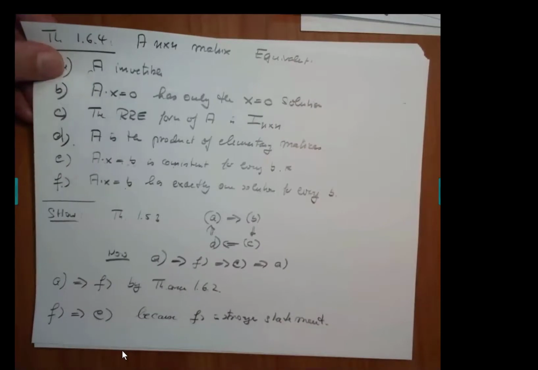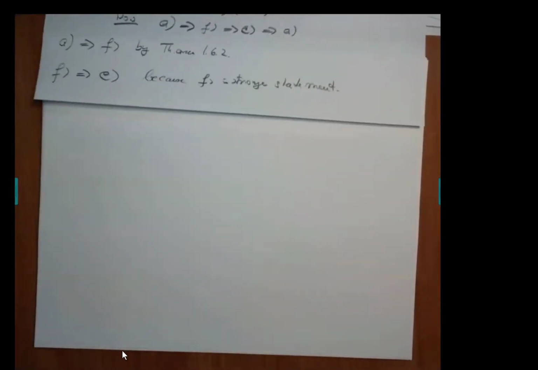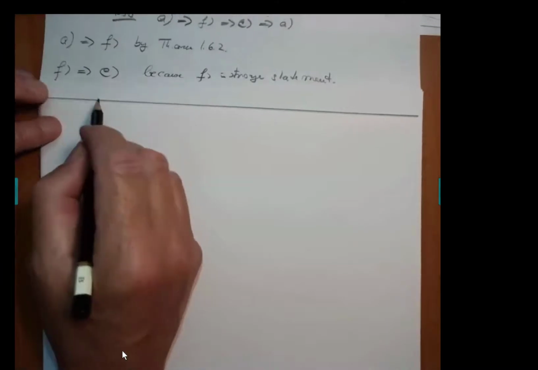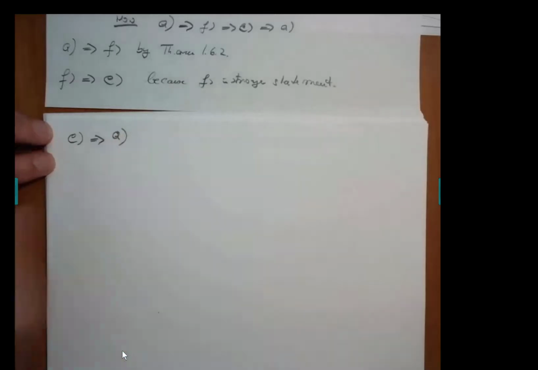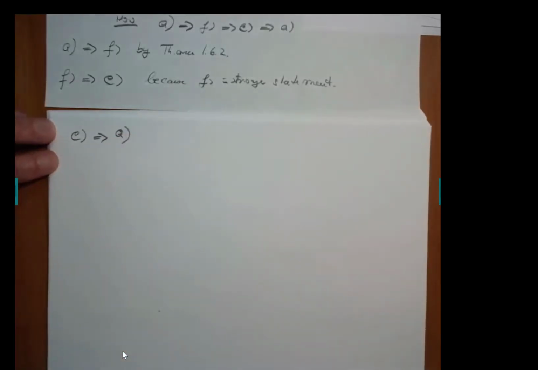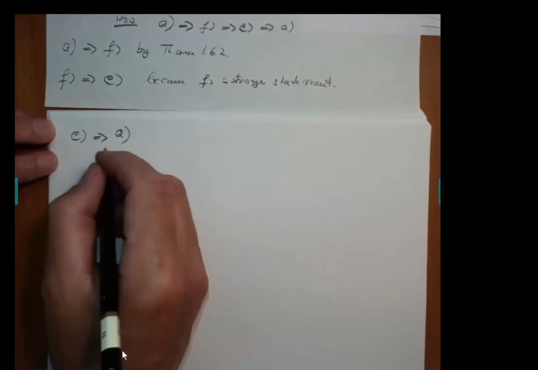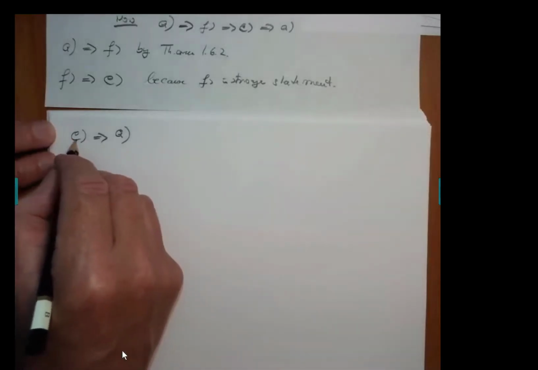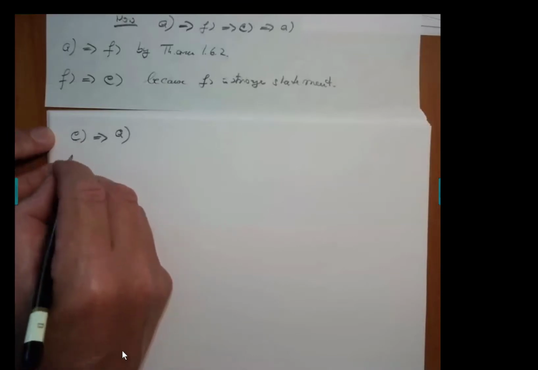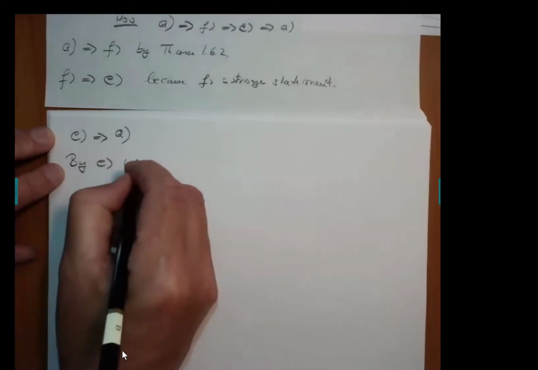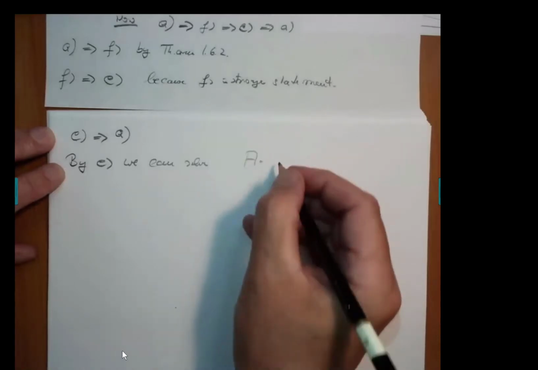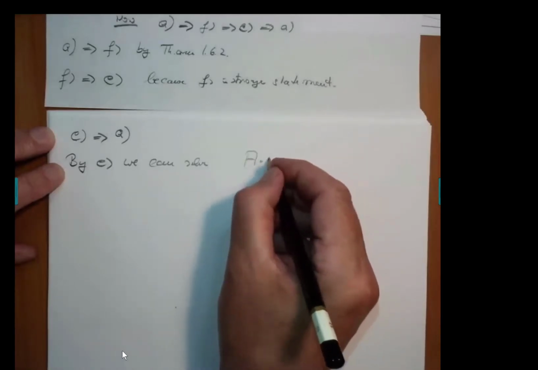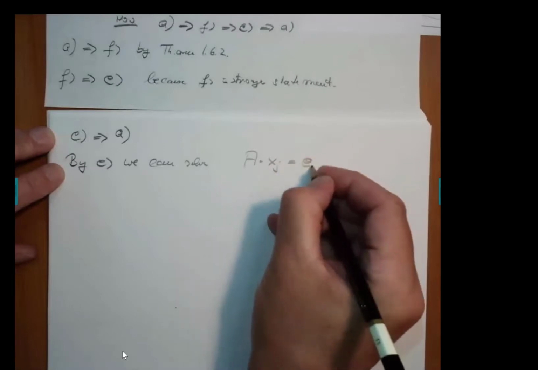And I just like to do this here. So now we need to show E implies A. We need to be able to go back to the statement that A has actually an inverse matrix. But we know E says Ax equal to B can be solved for every B. So by E, we can solve A times xj equal to ej.